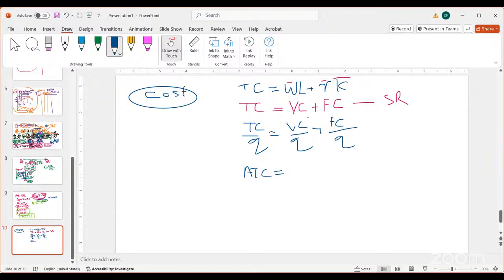So it has two components: average variable cost and the average fixed cost.